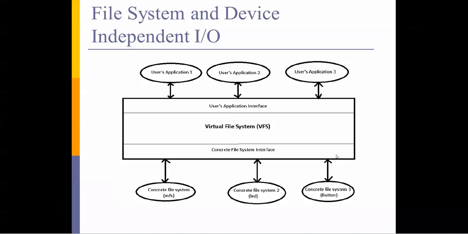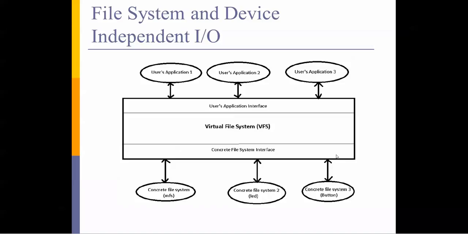Device-independent I/O is implemented using a virtual file system. The virtual file system is an abstraction between users and devices. The concrete file systems or devices, such as in-memory file systems, LCD or switches, need to implement a set of virtual file system interfaces in order to hook themselves to the virtual file system, and the virtual file system has an interface for users which they can use to perform I/O operations in a device-independent manner.